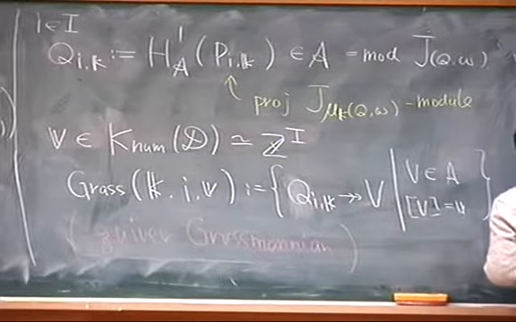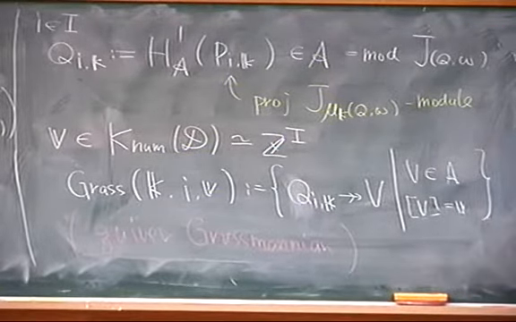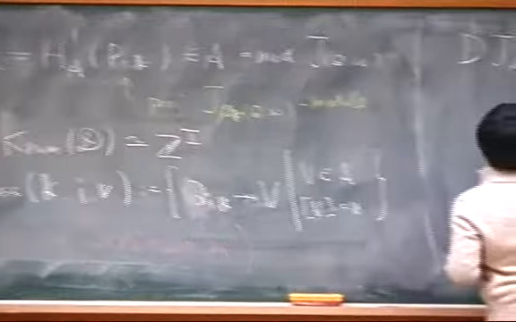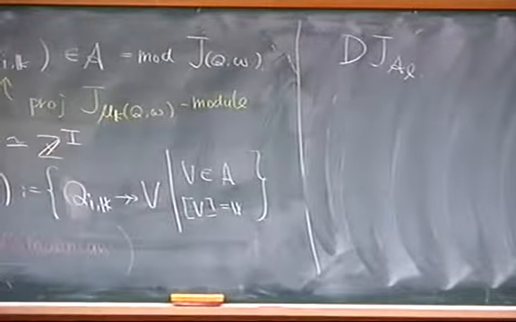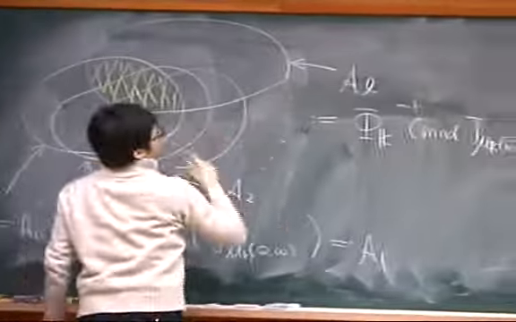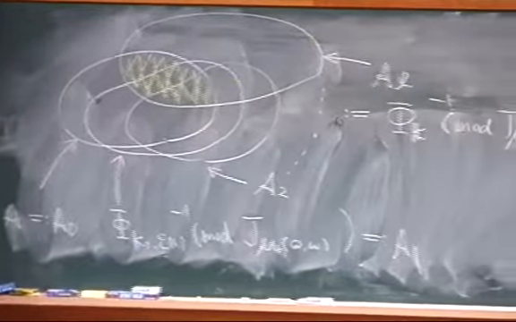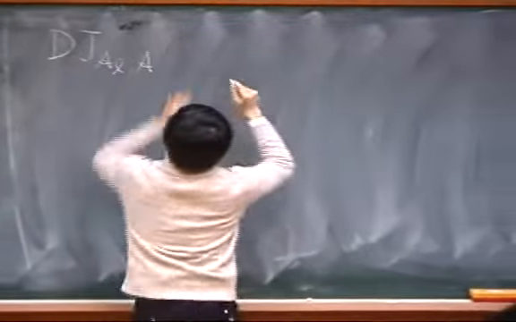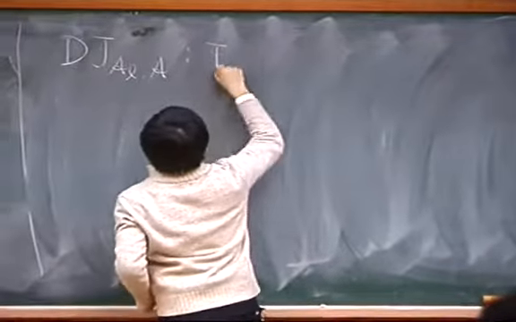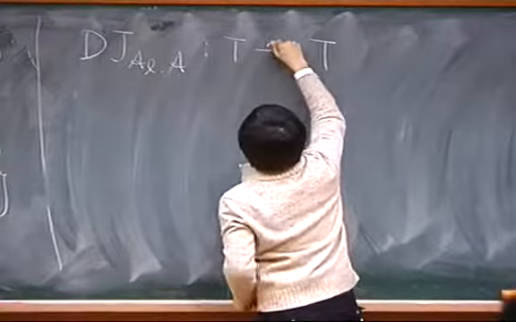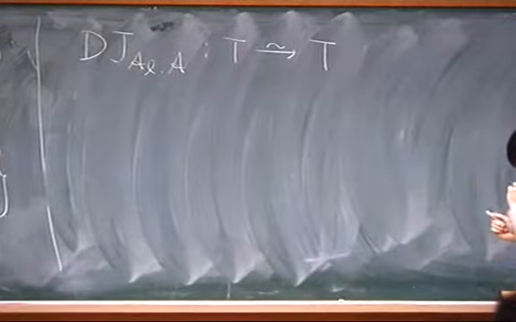Let DT be the invariant, AL is the final abelian category, and this is an automorphism of the torus.